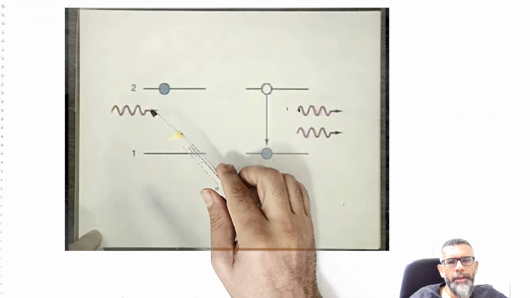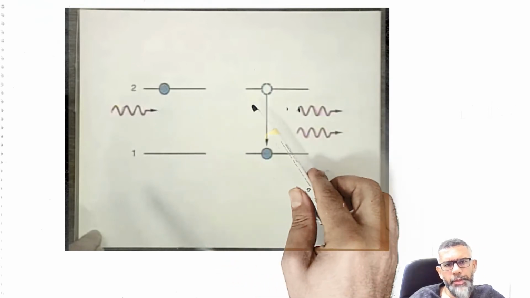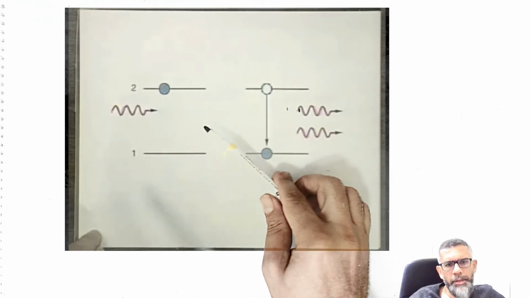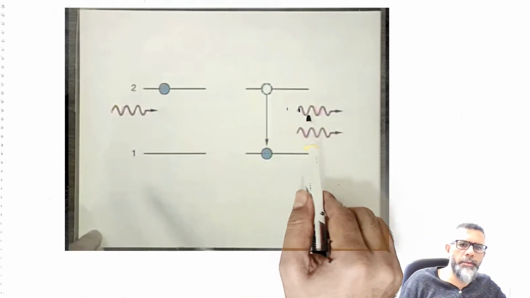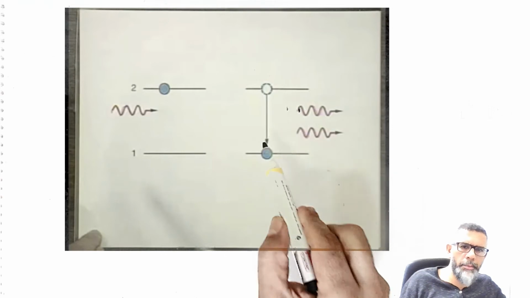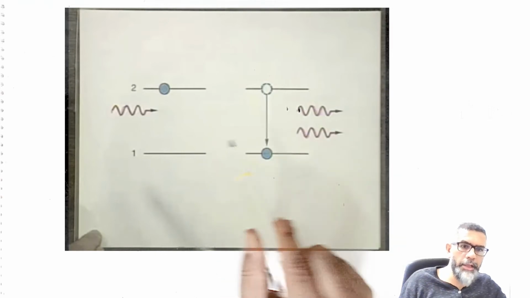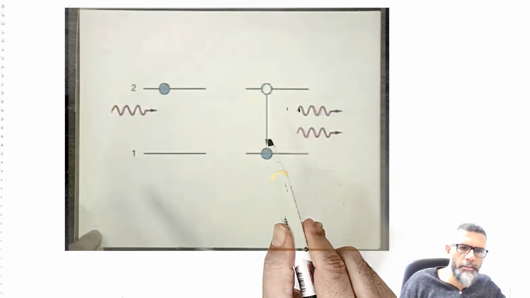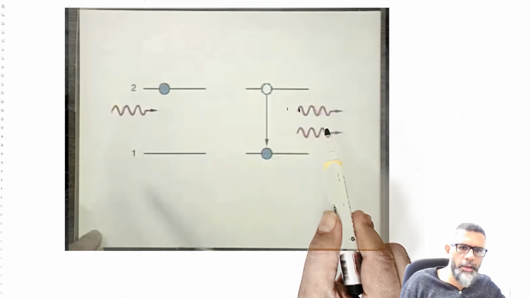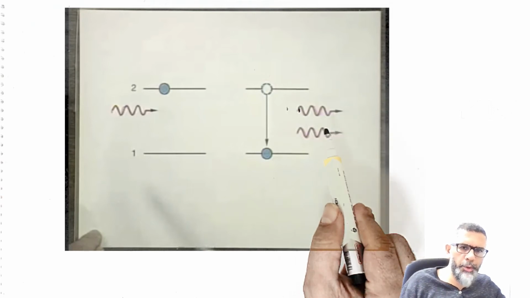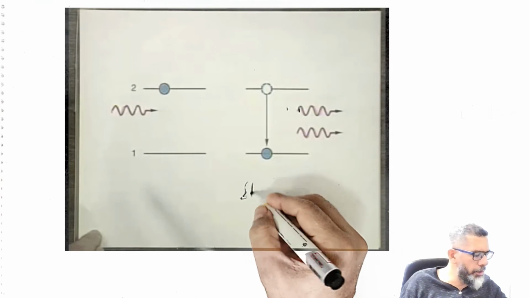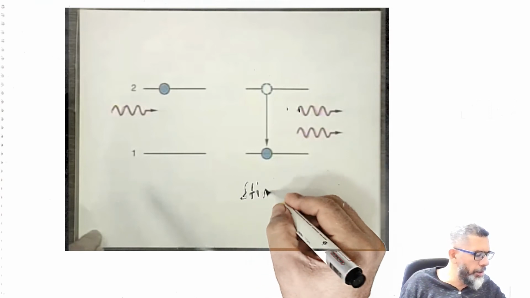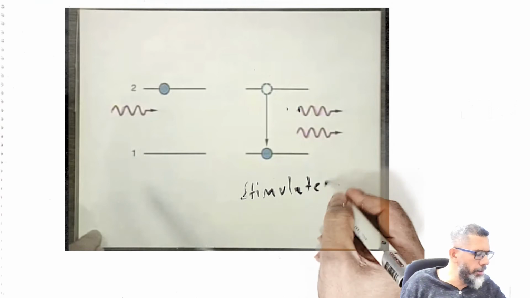These are the types of emission by which a laser produces photons. Almost all of the photons in laser light are produced by the process of stimulated emission, not spontaneous emission. Let me write it down over here: stimulated emission.